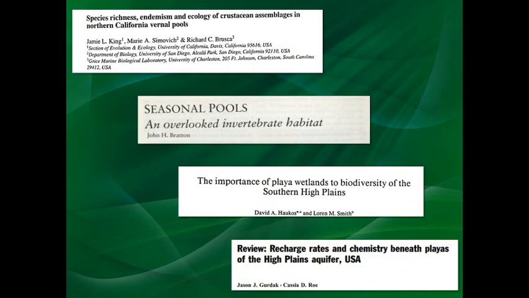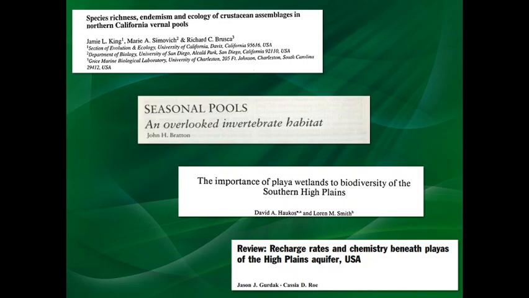So there's been a decent amount of research on vernal pools out in California, and really most of the research out there and some of the research in the southern Great Plains has been looking at mostly just diversity and how the communities grow and go away during the hydroperiod.